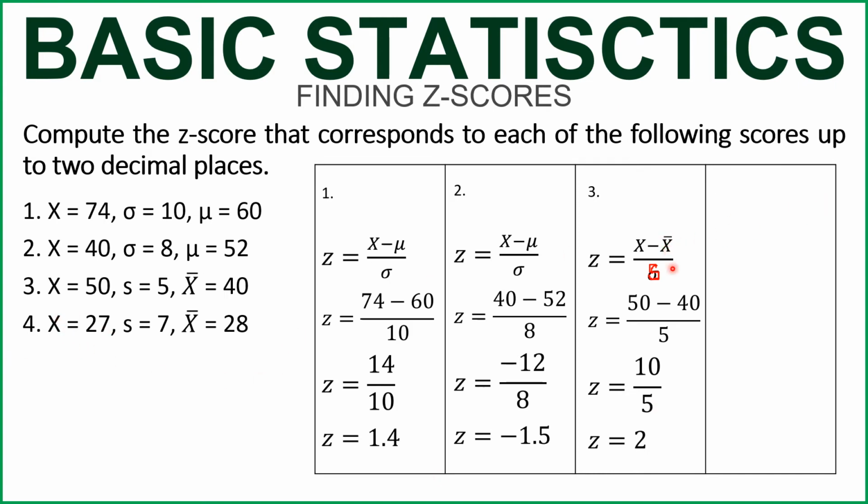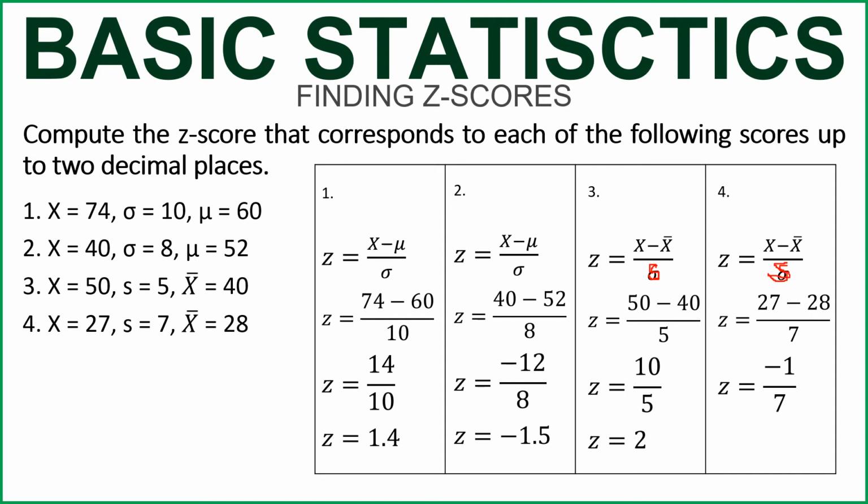Next one, ganun ulit yung formula. X minus x bar all over S. So, palitan ulit natin yung sigma ng small letter S. Okay. And then, just substitute the values. So that is z equals 27 minus 28 all over 7. So that is negative 1. 27 minus 28 is negative 1 all over 7.